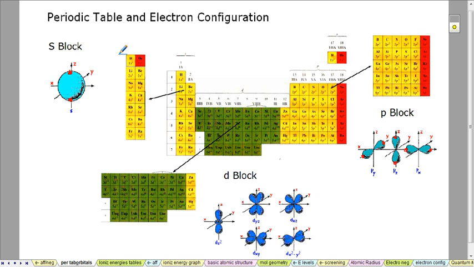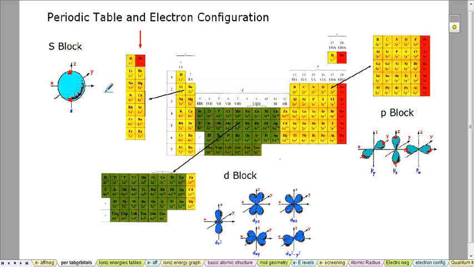Where we see the alkaline earth metals, all their outside electrons fill that s block, so they would all end with an s2 electron configuration, because they all have 2 electrons in their outer s block.